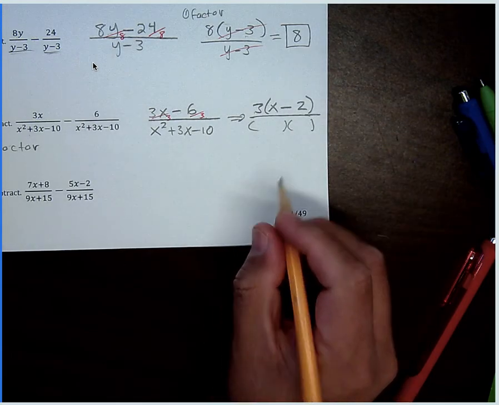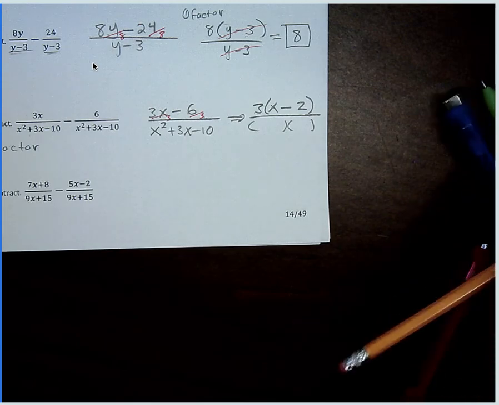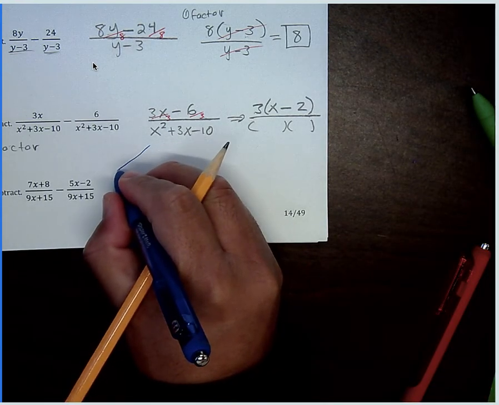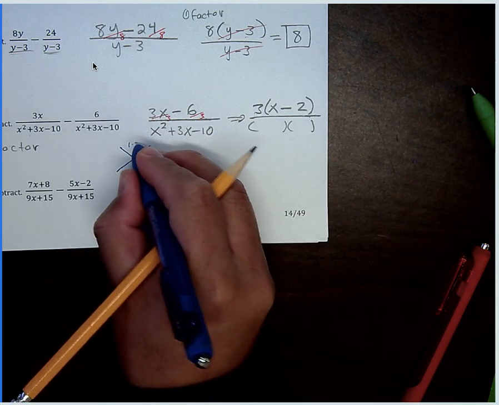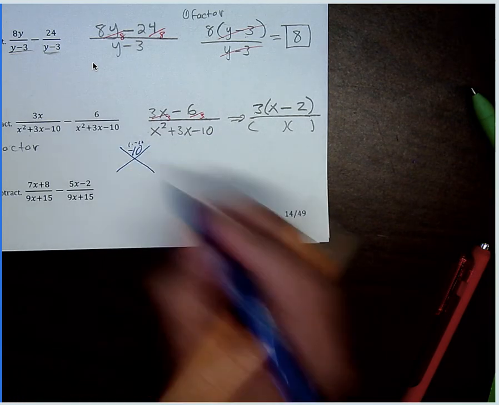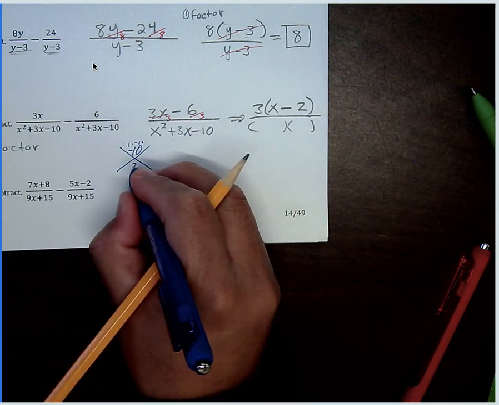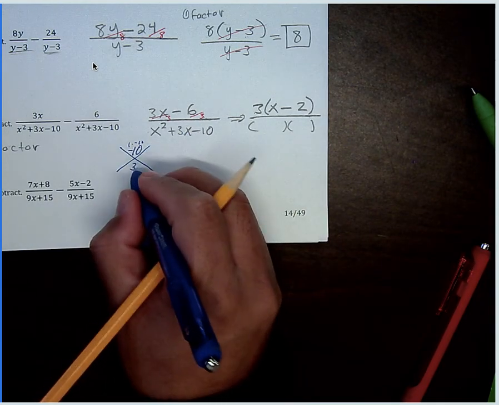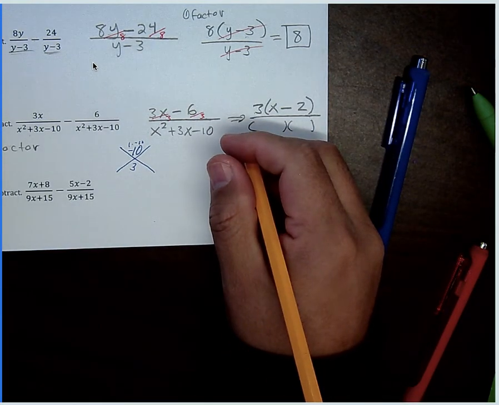For this one, let's do the x factoring. So 1 times negative 10 gives you negative 10. And then the middle number would be 3, so find two numbers that multiply to that and add to this one. We got 2 and 5.